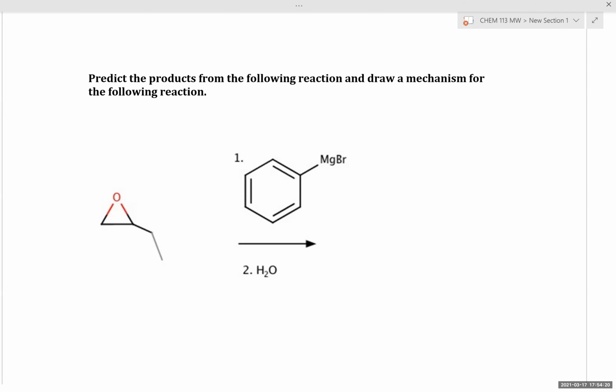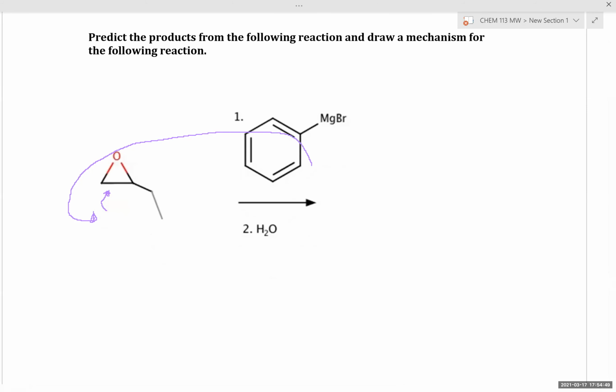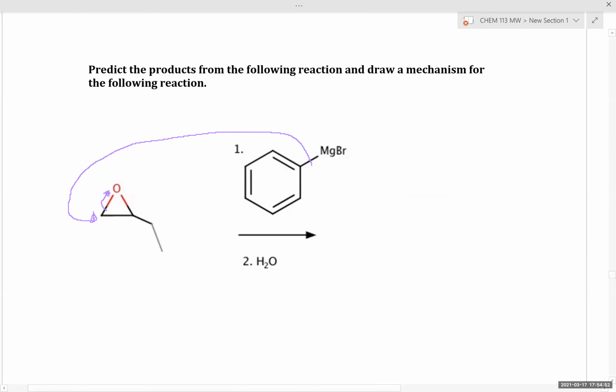So would anyone like to share their proposed arrow pushing mechanism for this reaction? So we have our nucleophilic Grignard reagent. It attacks the least substituted position and opens our epoxide. Okay, perfect. Would you be able to draw the product from that first step?